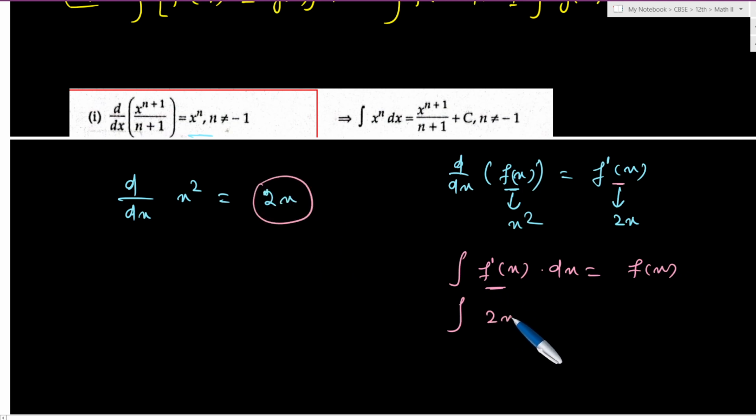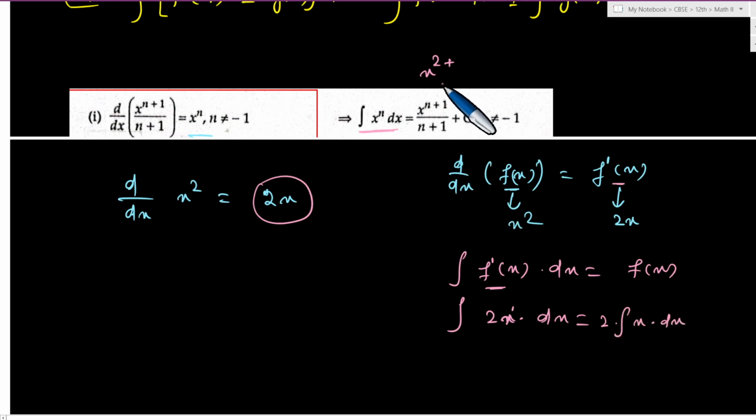Integration of 2x into dx will be, according to the integration of x to the power n formula, x to the power n plus 1 divided by n plus 1. Here it is x to the power 1, and the 2 will be removed out: 2 into x dx.